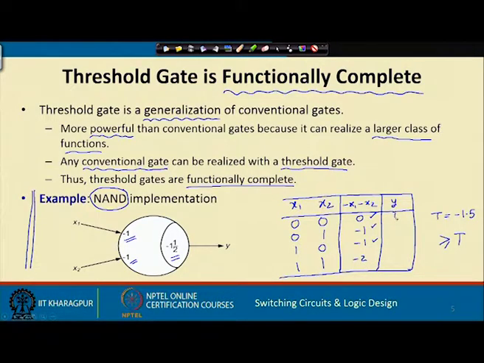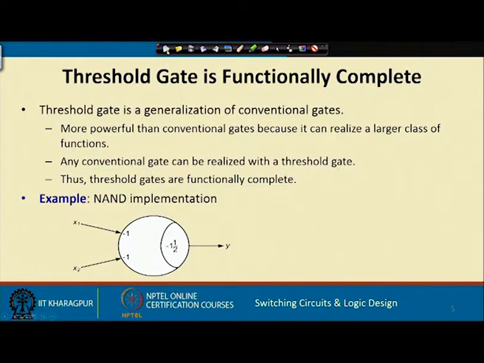So, for the first 3 the output will be 1, and for this the output will be 0. This is nothing but the NAND function. So, we have proved that using a threshold gate we can construct a NAND gate, and therefore it is functionally complete.